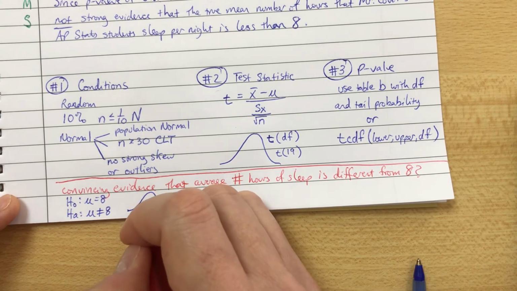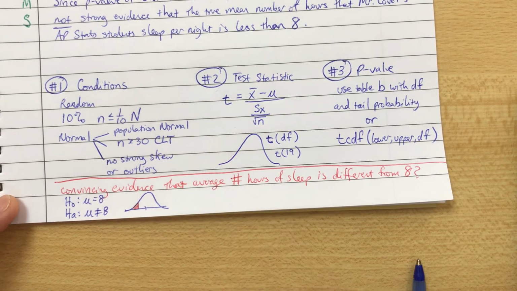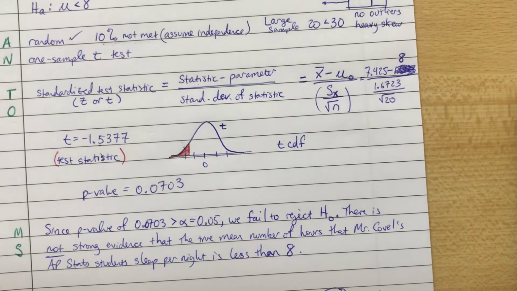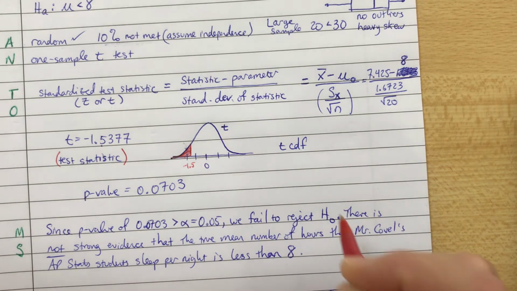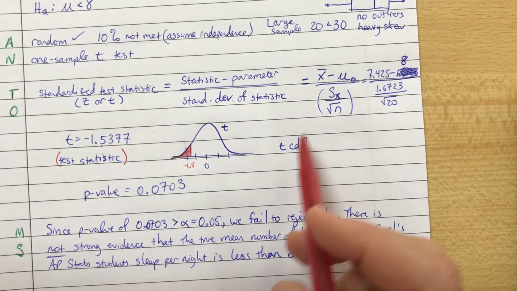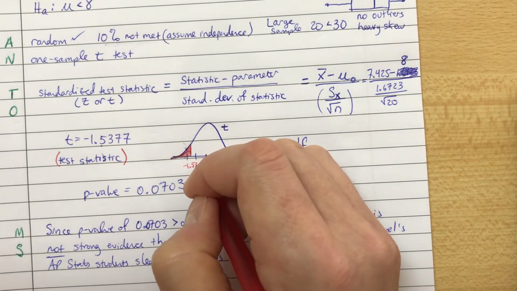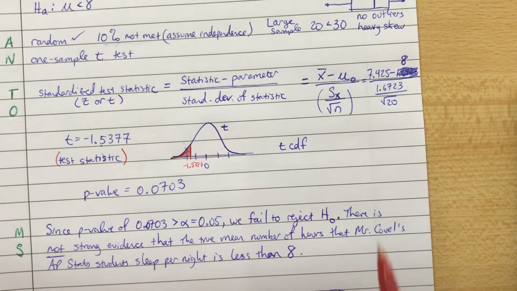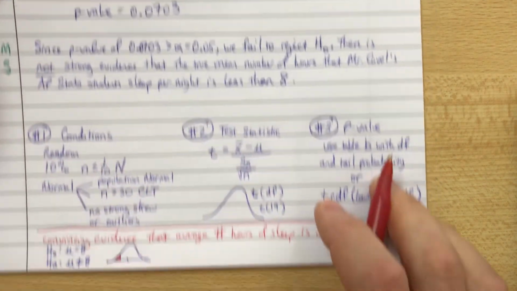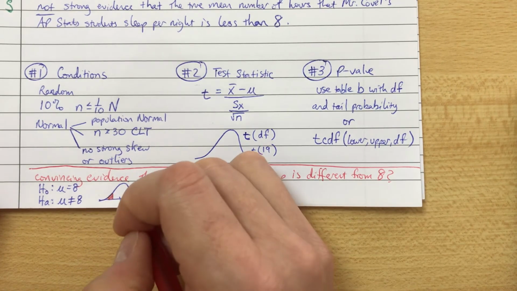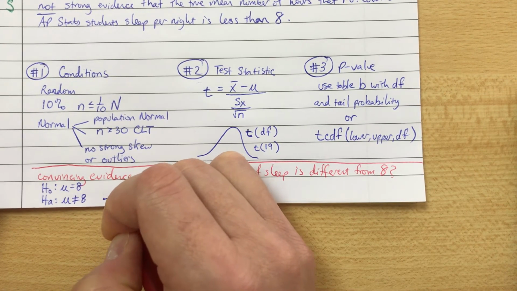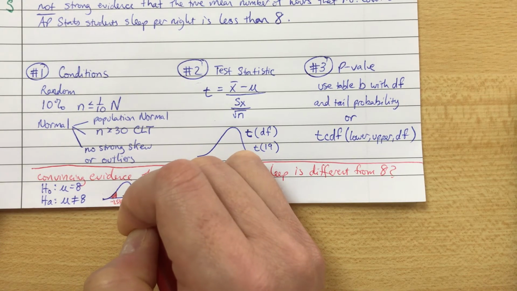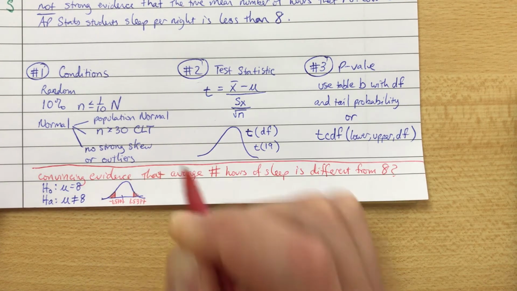We would have to look at the lower end, which is what we did. Okay, if we come back to here, this was at negative 1.5377. That was this value here. But then we would have also had to look at the other tail at positive 1.5377.